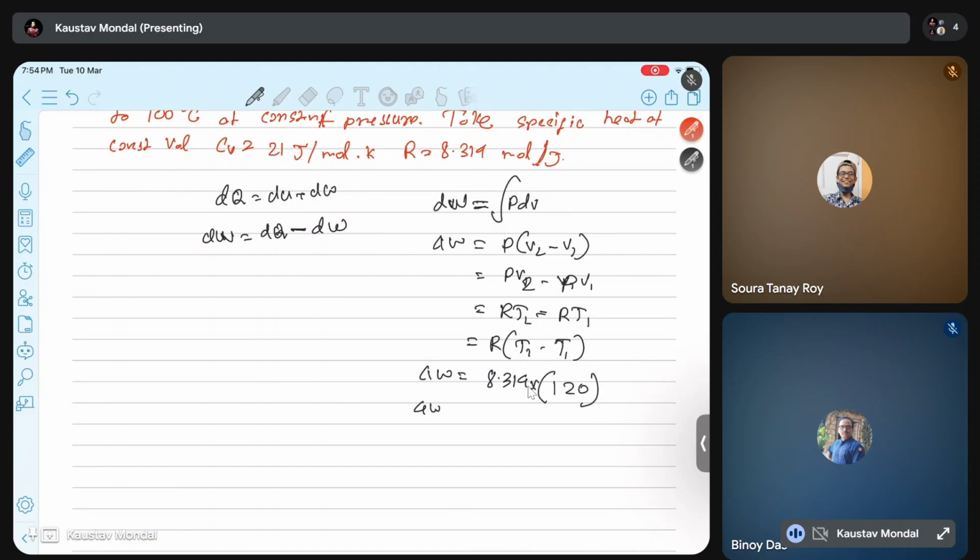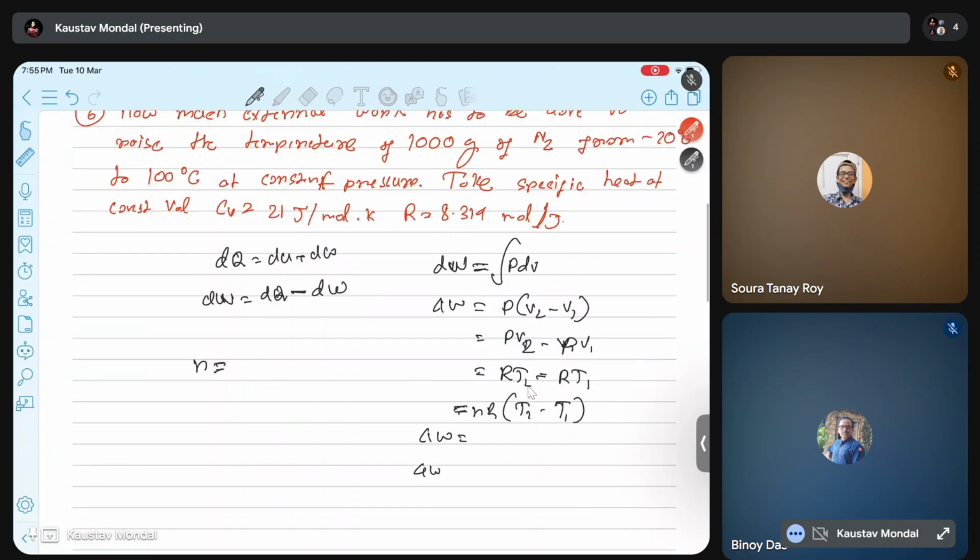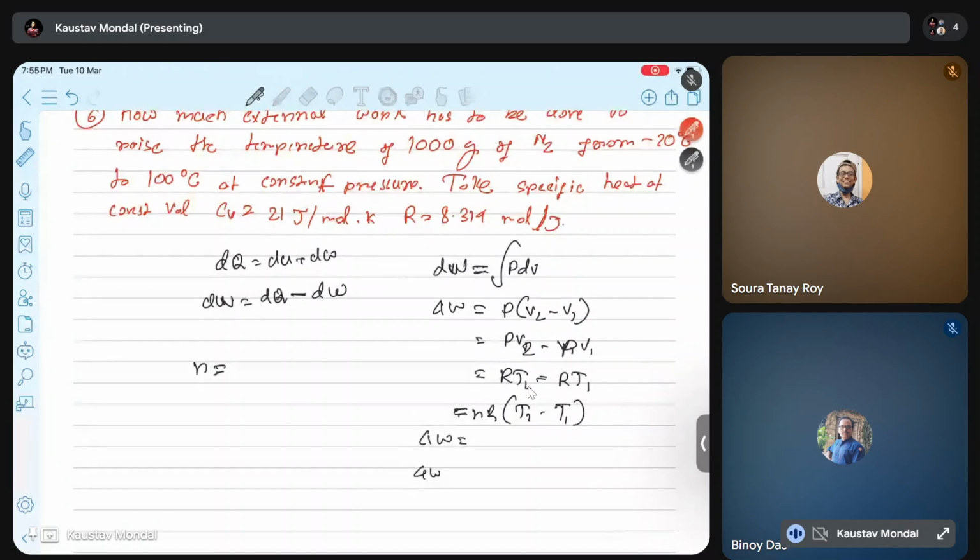Okay, so it's mentioned 1,000 grams of nitrogen. In this case, we also need n, because it's not mentioned as 1 mole. It's mentioned as 1,000 grams, so I have to calculate n. Nitrogen has a molecular weight of 28 grams per mole, so here it would be 1,000 by 28.